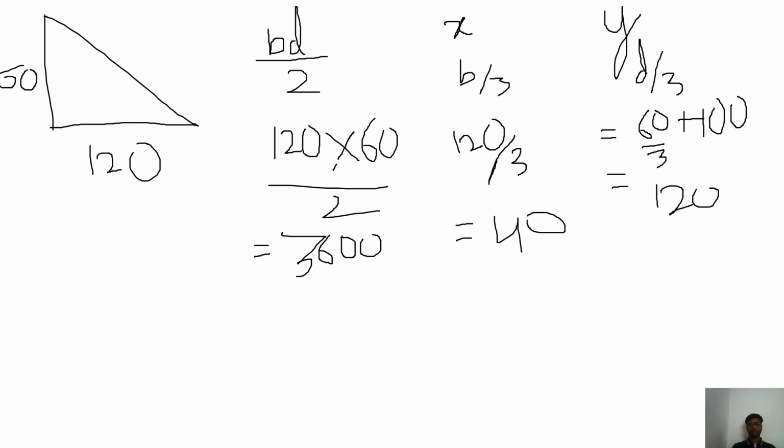Then next we are going to find AX. 3600 into 40 is equal to 144,000.